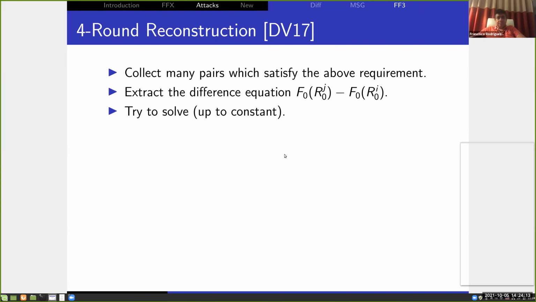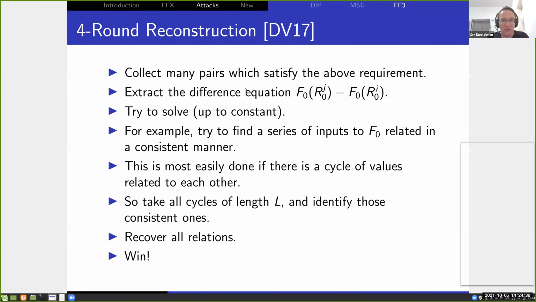Yeah. Okay, so the idea is that you take the chains. I suspect that these chains are correlated by a 4 round shift. I pick all the locations which are good to me, and then I extract this condition because I know the inputs, and I just get the condition on the outputs of the first round function, and I try to solve this. How do I try to solve this?